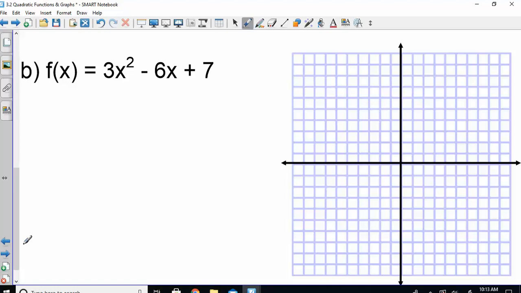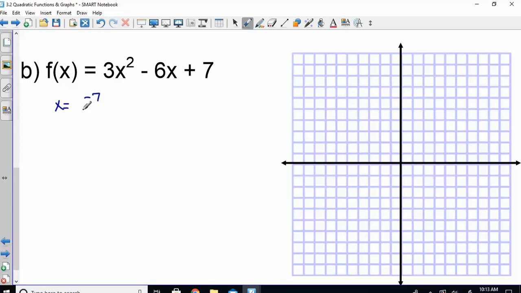All right, so first step, if I want to graph this, it's not written in vertex form, so I can't just do my transformations. So instead, we do the formulas. So your vertex, we have to do x equals opposite of b over 2a.